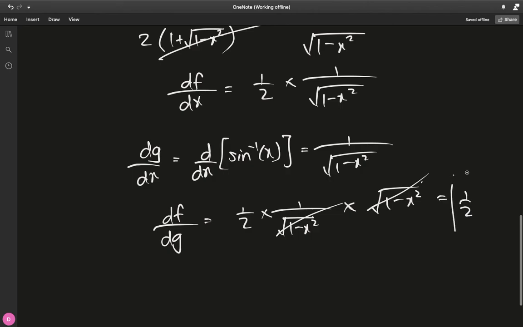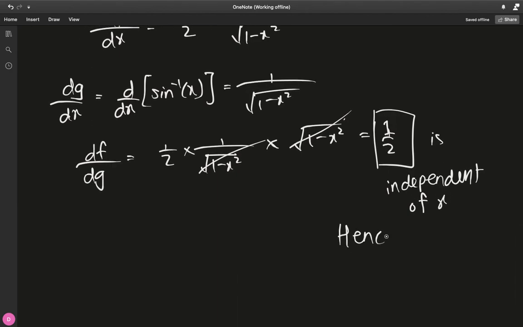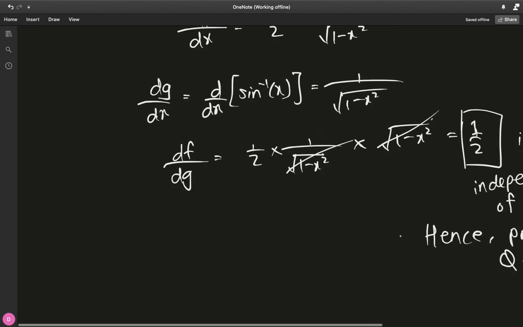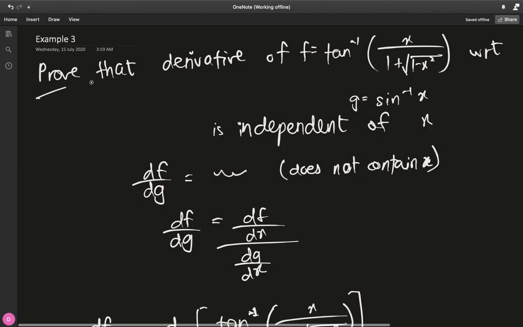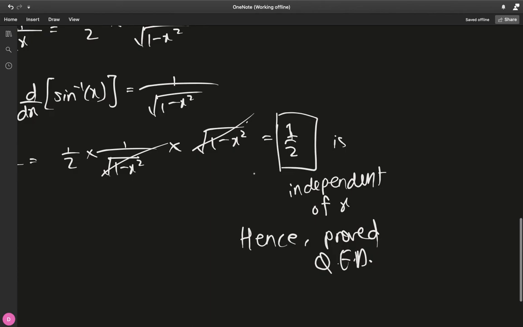We have half, which is a constant and does not contain x, is independent of x or any other variable, hence proved. Whatever we had to prove. Yeah, that's it.